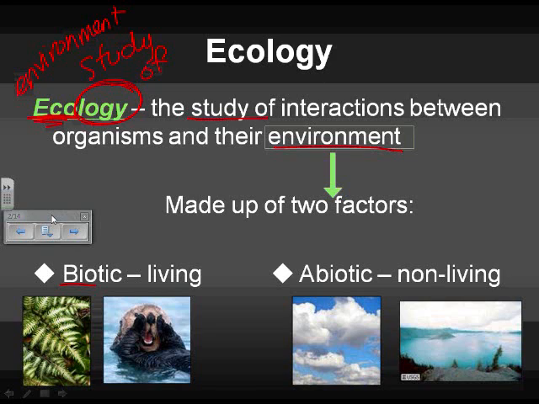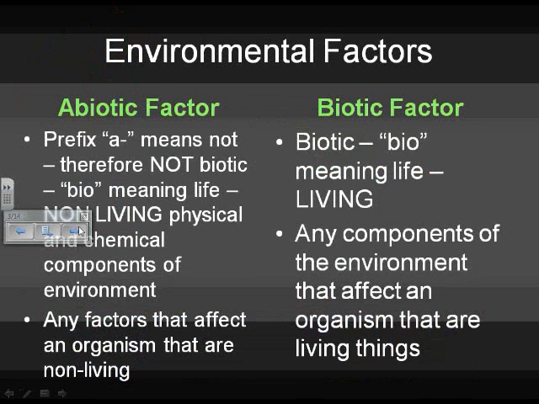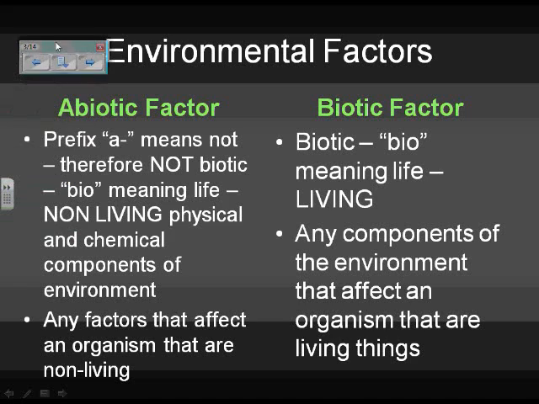Biotic, and bio we know should be living, and abiotic. And the trick there is that putting the prefix a implies not biotic, so non-living. So we have living and non-living factors in the environment. So, for example, we could really focus on the abiotic factors being like wind, the air, water, perhaps sunlight, versus biotic factors really talking about the organisms in that environment.